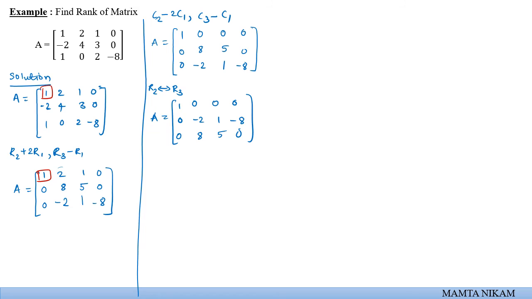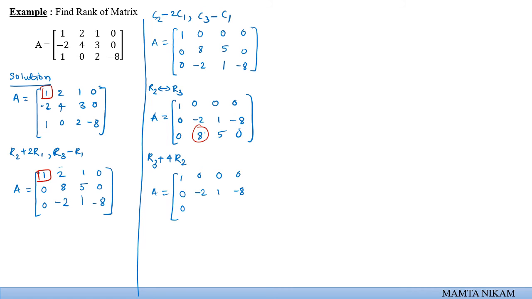And now, to convert this element to 0, what transformation will we perform? We can perform R3 plus 4 R2, because 8 minus 8 will give us 0. So the matrix A will be 1 0 0 0, 0 minus 2 1 minus 8.